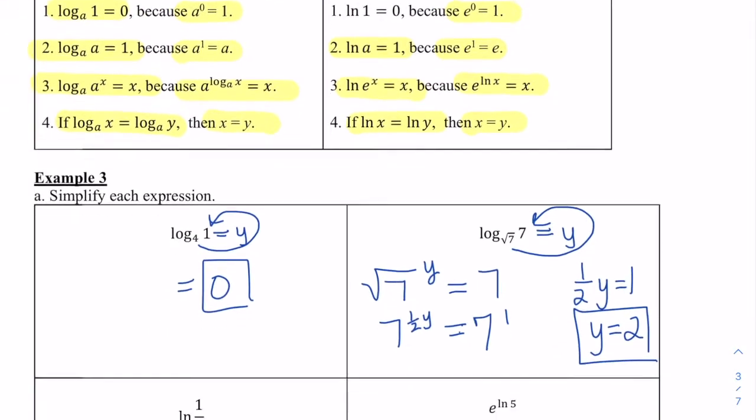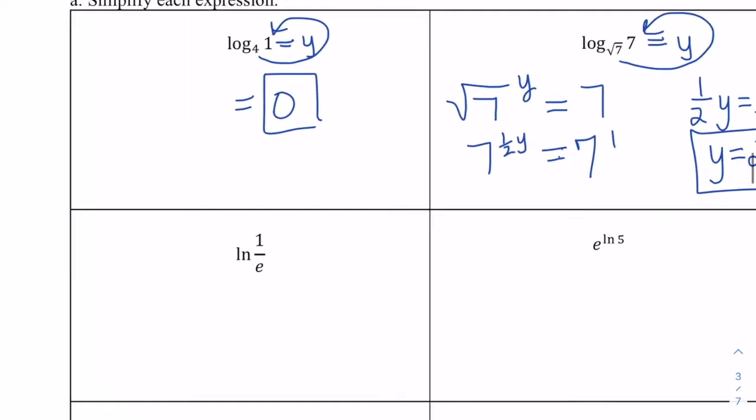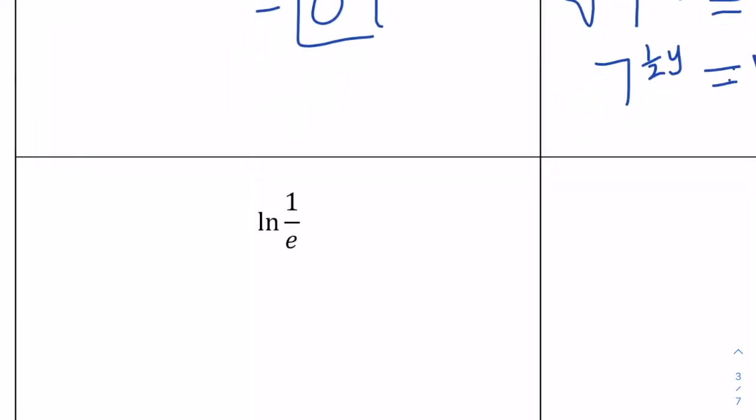Now let's go to the next one. Natural log of 1 over e. Now you can do a couple things, but I'm going to rewrite it so that we can have this equal to y. Remember, this is going to be e to the y equals 1 over e, because natural log is log base e.